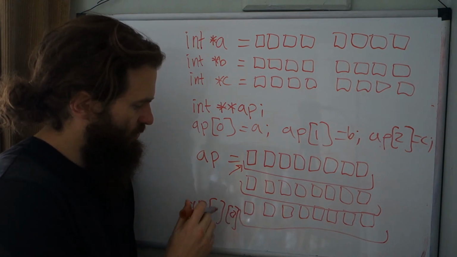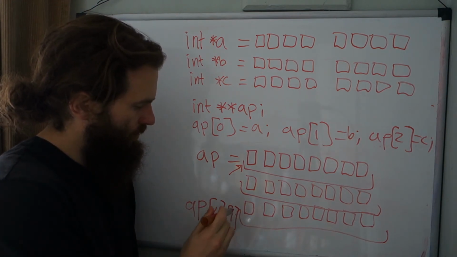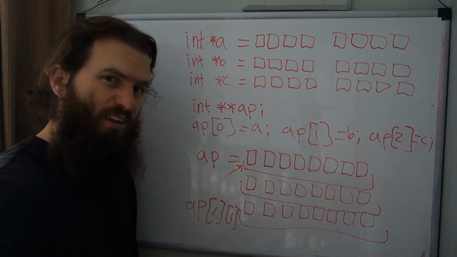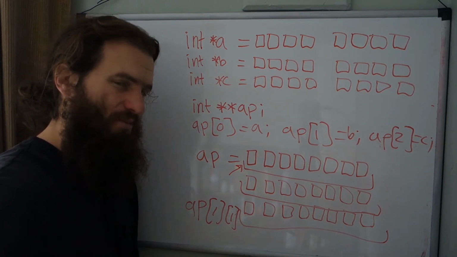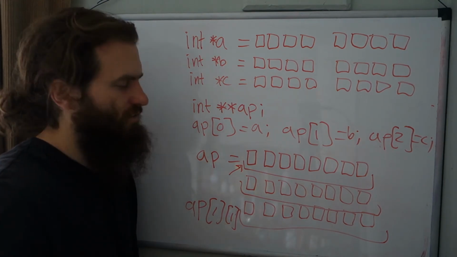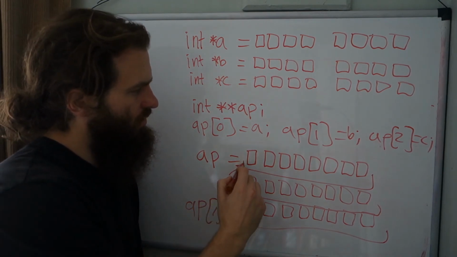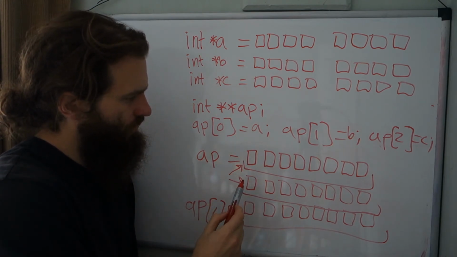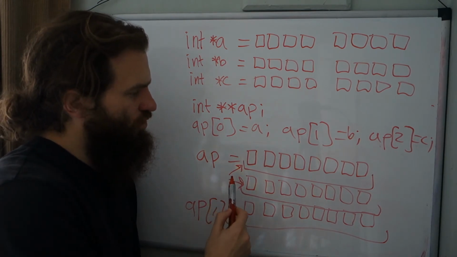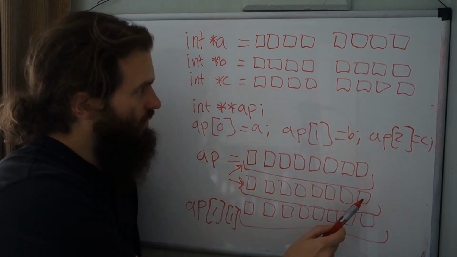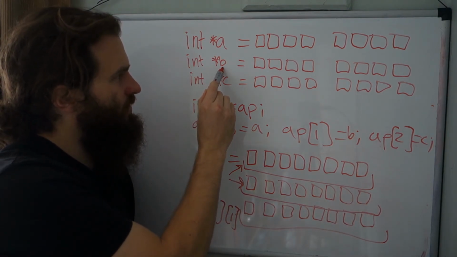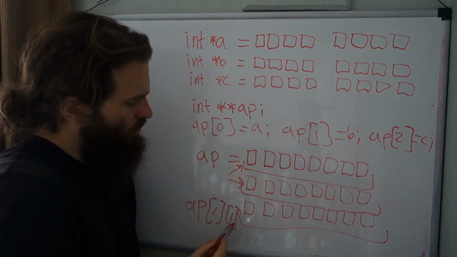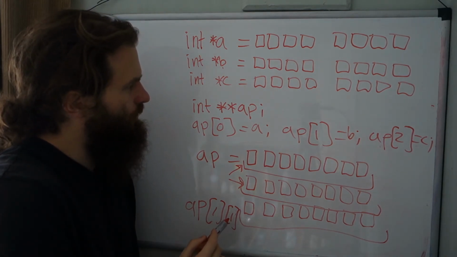It's 0, but let's take 1 then, because one's a better example. It's 1 times the size of an integer pointer. Any pointer will be 8 bytes long on a 64-bit machine. So it's 1 times 8 bytes, which takes us to here, which is what we expect. We then take that address, which will take us to where the memory address would be, and then we ask, how do we interpret this next one?